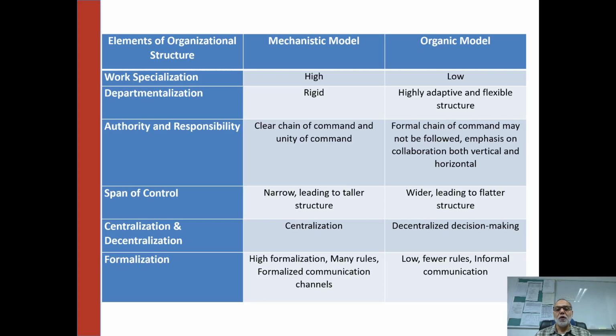So we have two models, basically two extremes, mechanistic and organic, and we have seen how the 6 elements of organizational structure differ between them.